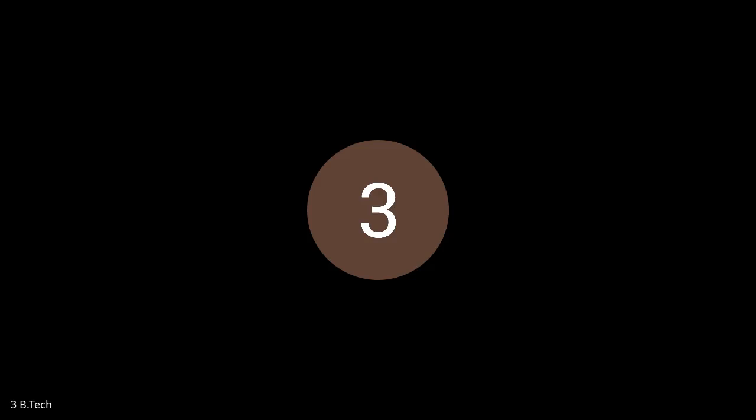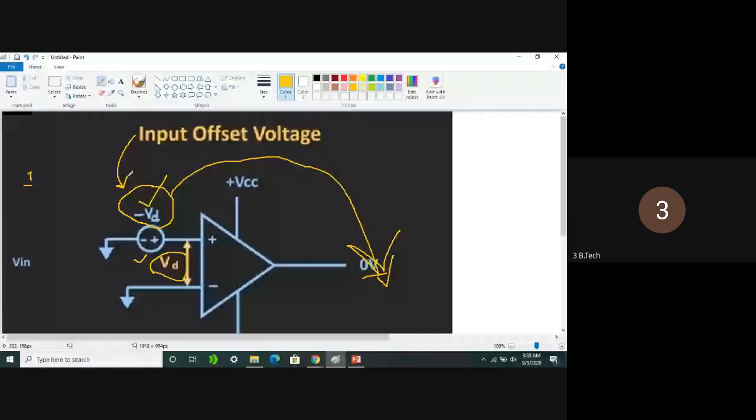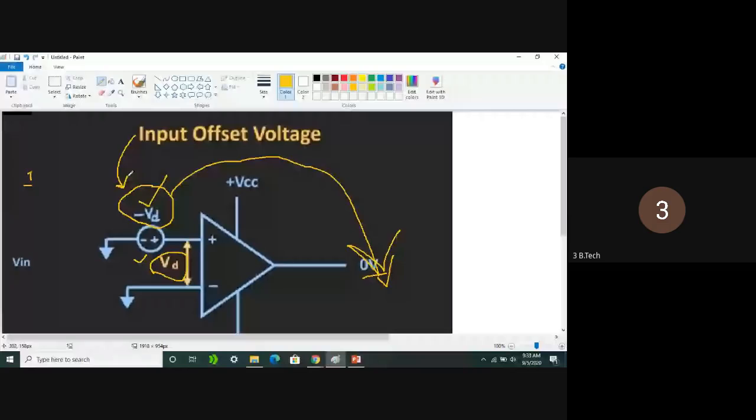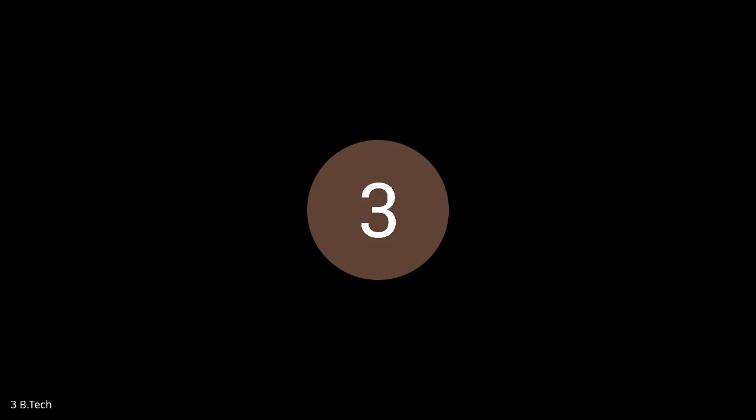To nullify the output offset voltage, or to make the output voltage equal to 0, we apply some reverse voltage at the input side. That minimum voltage is the input offset voltage. Clear, all of you? Yes, sir. These two are very important topics in the DC characteristics of the operational amplifier.